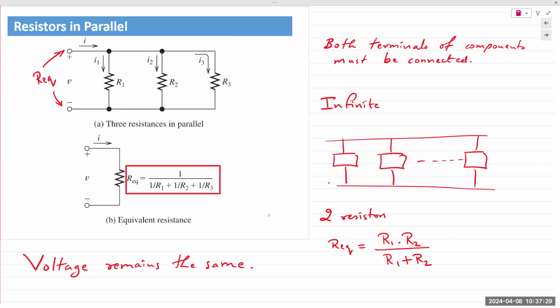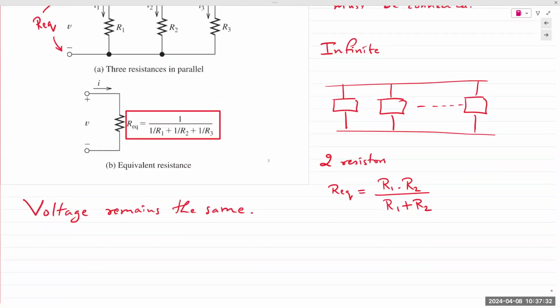Also, another tip, if you have N resistors in parallel, all with the same value, Req is simply R divided by N. You can easily do it with two resistors, 10 ohms and 10 ohms in parallel.